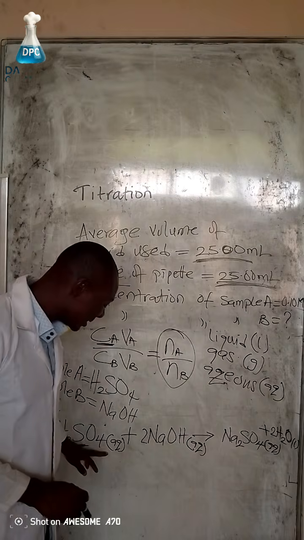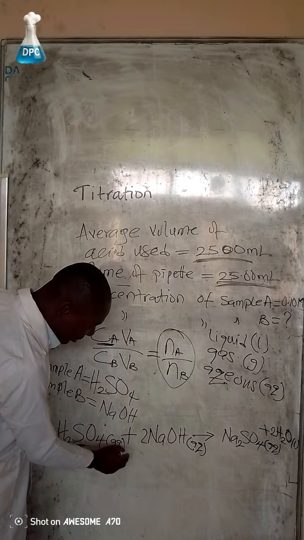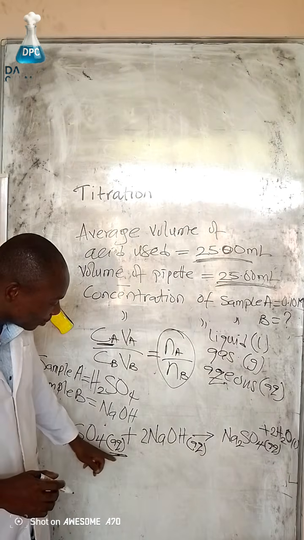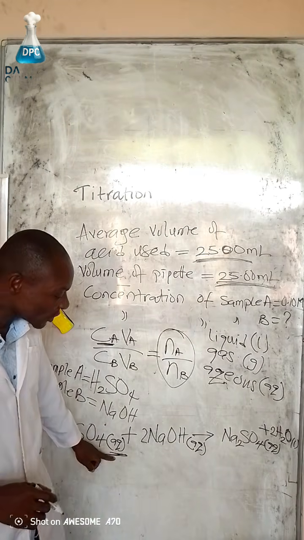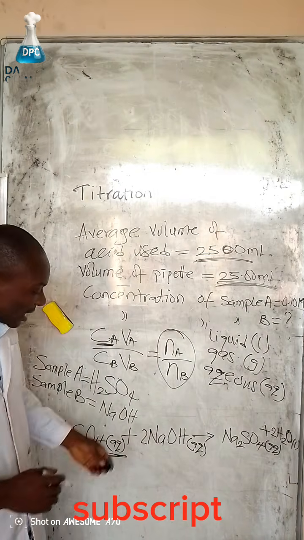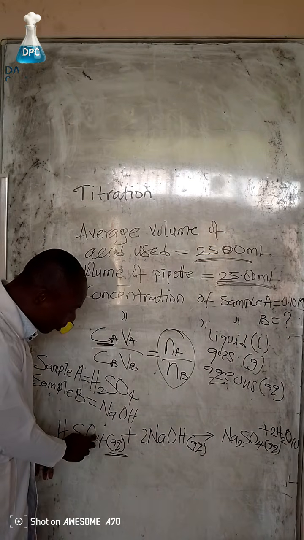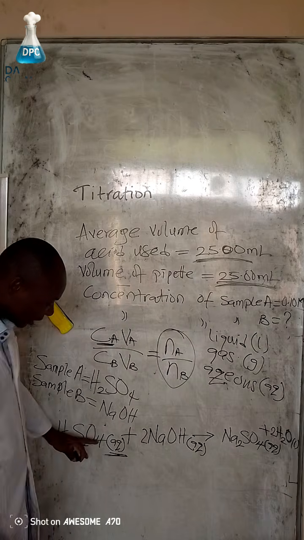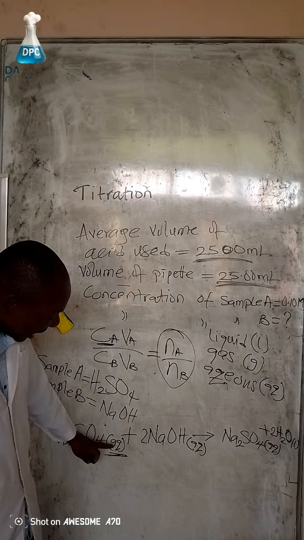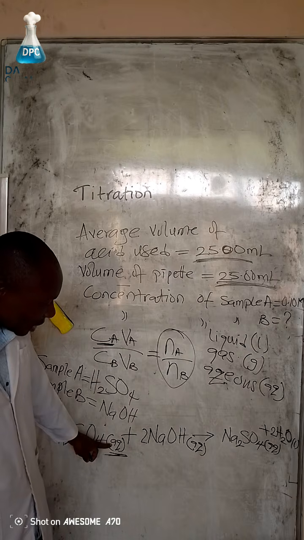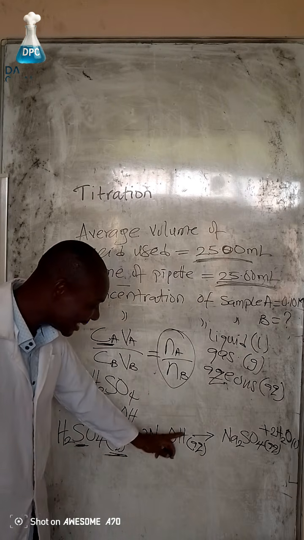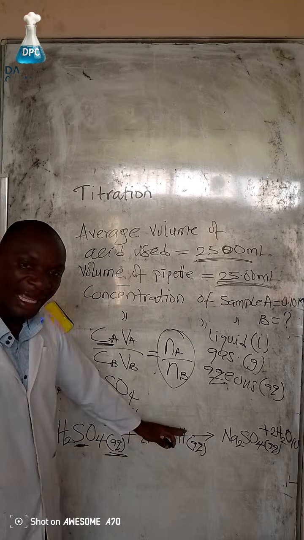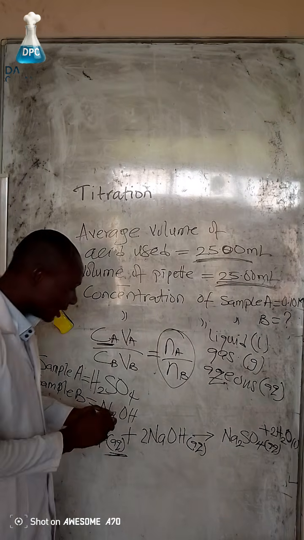Now, this indication of states must be written in the form of subscripts. Write it down below, at the same level with the subscript numbers. Don't write it at the same level with the elements. Take note.